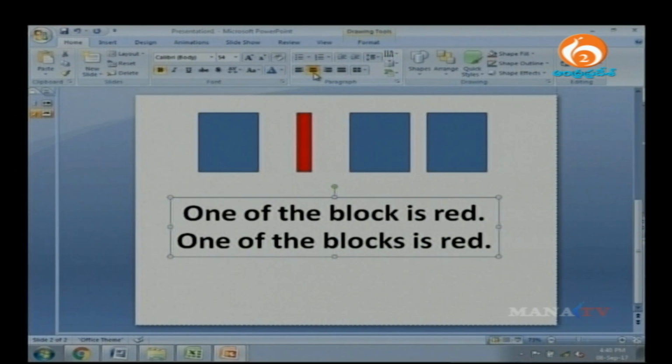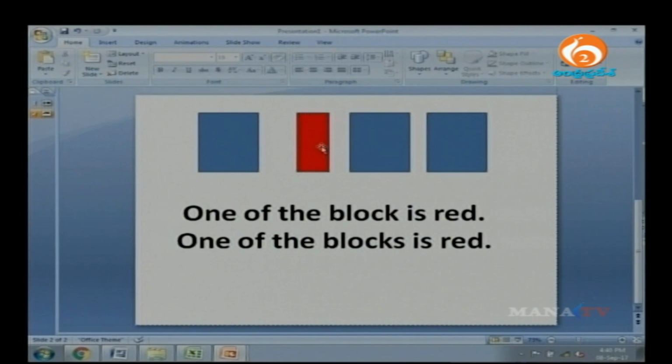You have 4 blocks. You mean to say one among these is red, correct? So, give me the correct answer. Option 1, one of the block is red; option 2, one of the blocks is red. If you're confused, let me give you the answer.